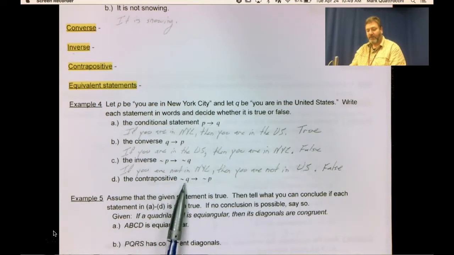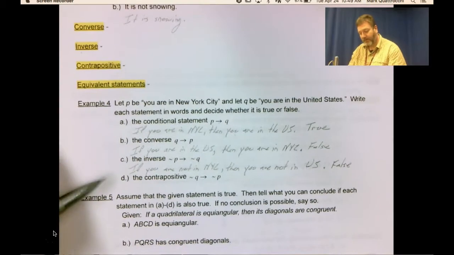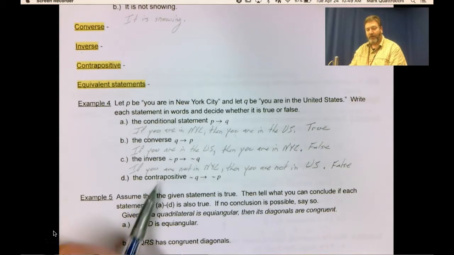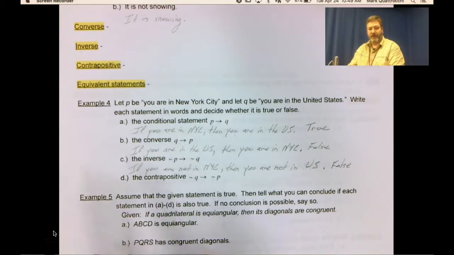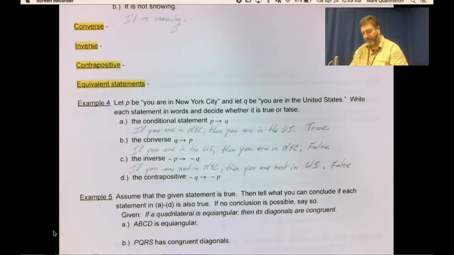Contrapositive. Not Q implies not P. The negation of Q implies the negation of P. So contrapositive, we switch the hypothesis and the conclusion, and we negate both.